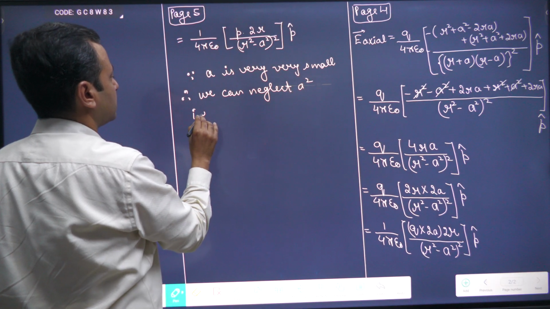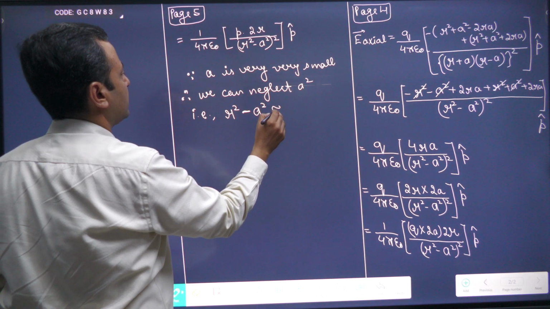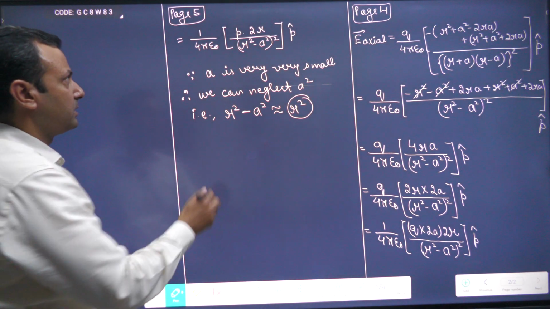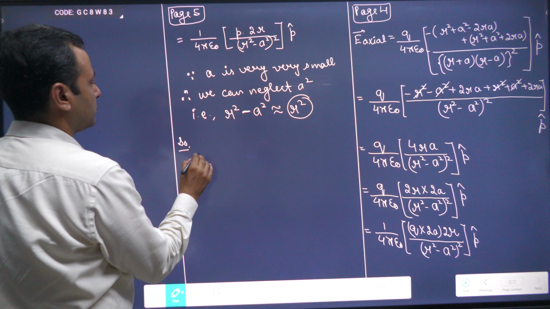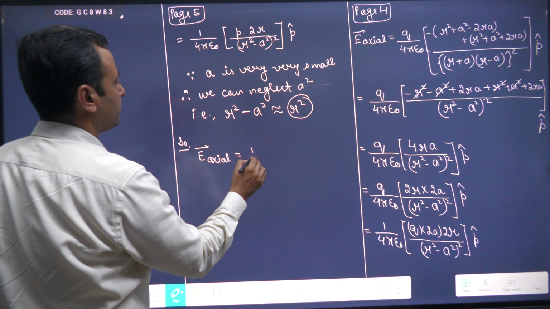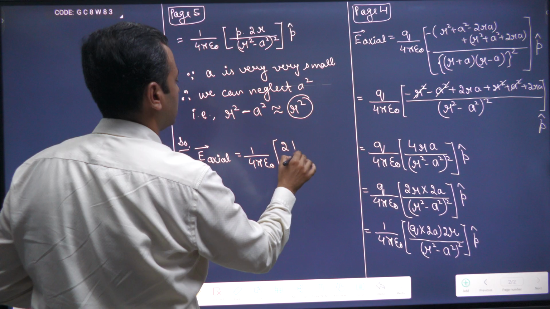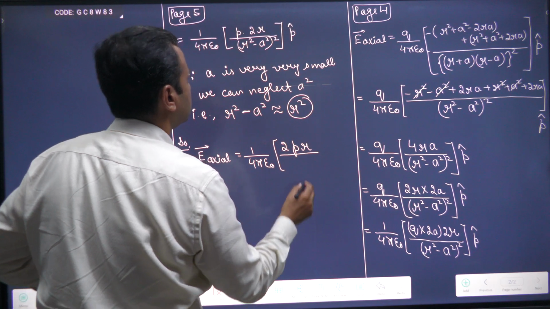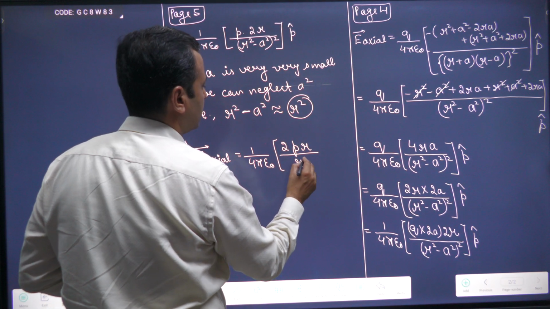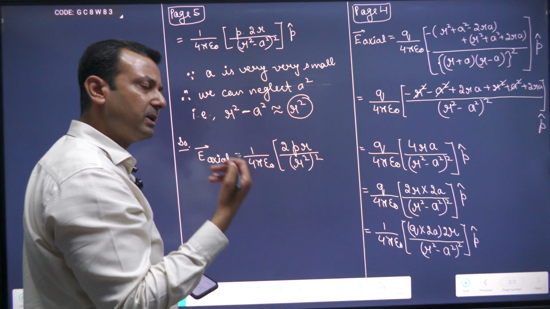That is, r square minus a square is equivalent to r square. So this axial electric field becomes 1 upon 4 pi epsilon naught, 2pr, p into 2r, you can write it like this also, 2pr upon r squares whole square, because a square is very very small that we can neglect it.